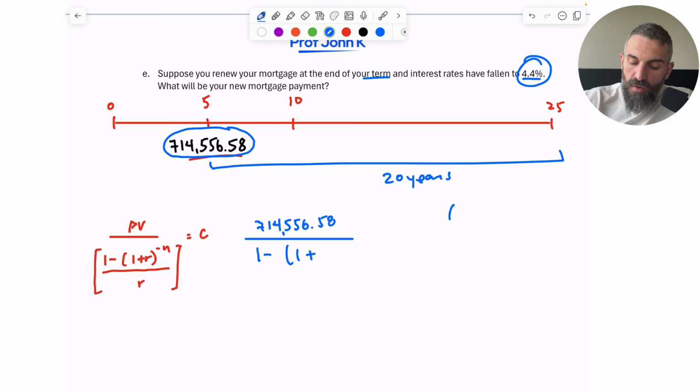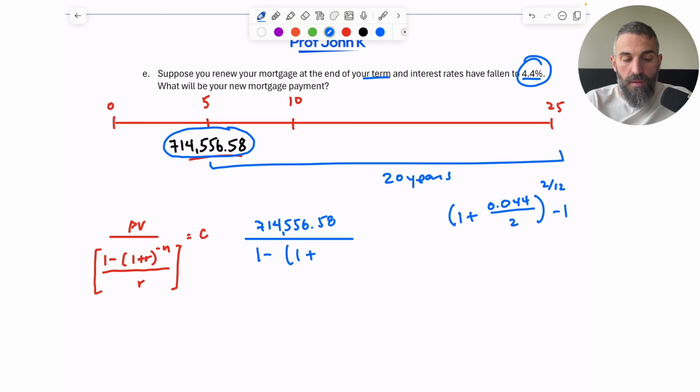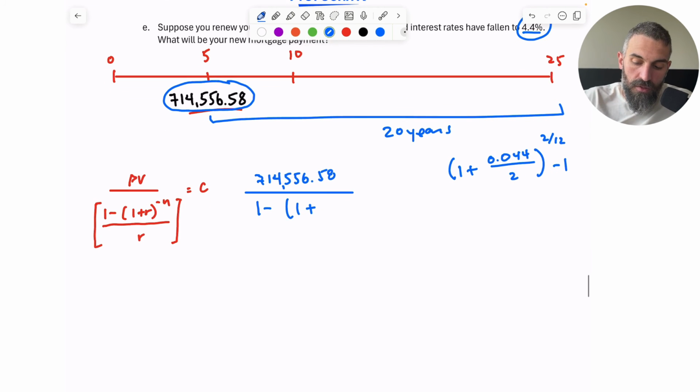So we're going to do the same thing: 1 plus the APR over 2, to the 2 over 12. So now your rate is 0.003634. And your N is 240 because there are 20 years remaining at 12 payments per year, so 240.